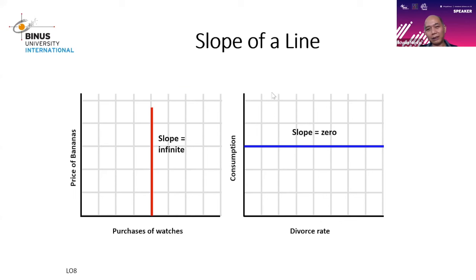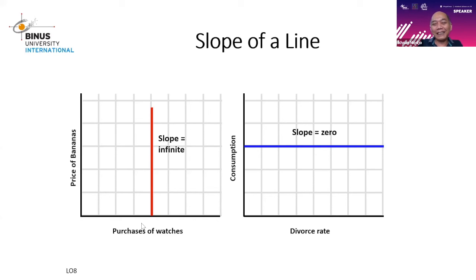This is funny too. Why did they put it under the divorce rate? So this is a bad example, but the consumption of a person is not going to be affected by whether he is divorced or not.